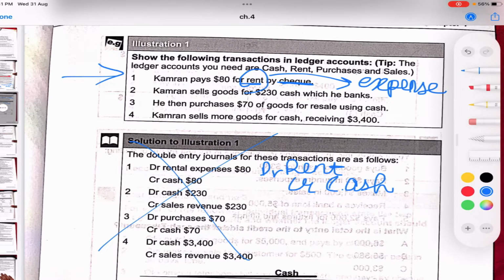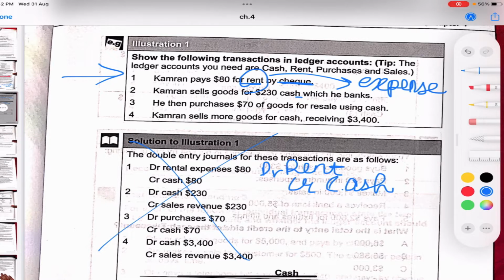Okay. The second one, Kamran sells goods for $230 cash, which he banks. So he sells the goods for cash. Don't get confused with which he banks. We have made an assumption that cash and bank are the same thing, right? So Kamran sells goods for $230. So it's nothing but cash to sales, right? Why?